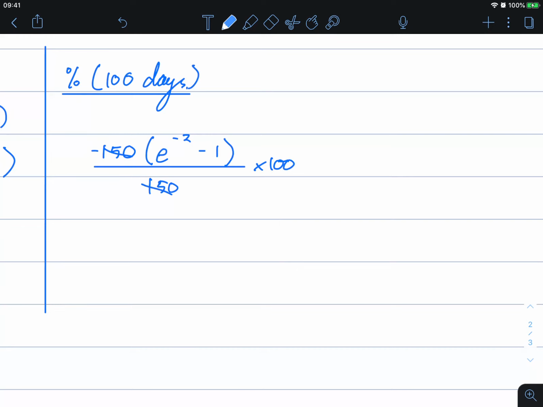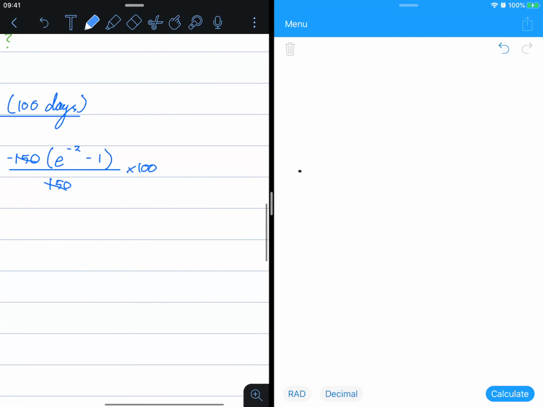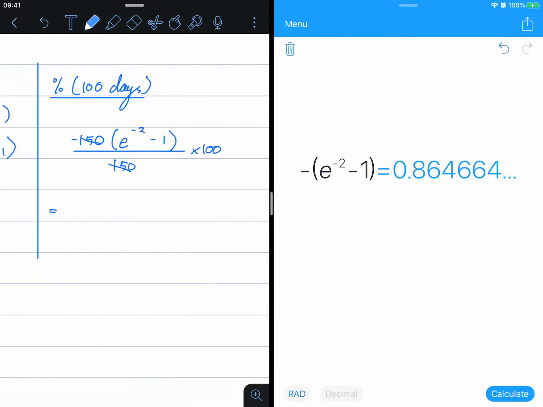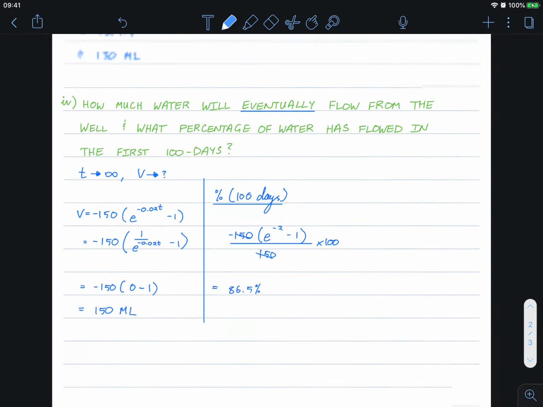This cancels to be negative, leaving us with negative e to the power of negative 2 minus 1, times 100, that looks about 86.5% in the first 100 days.